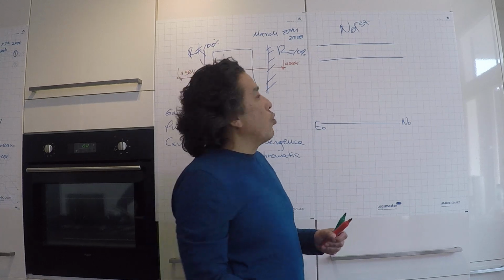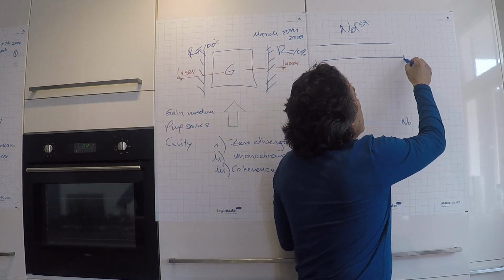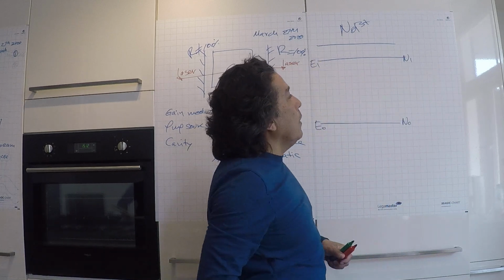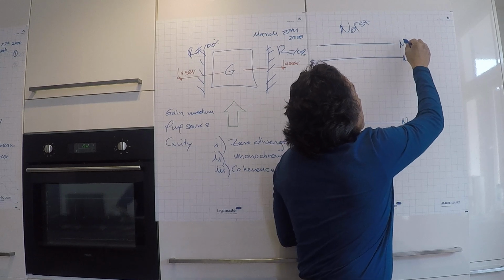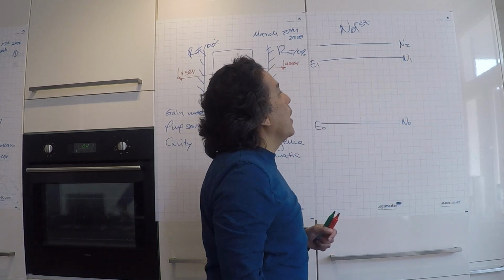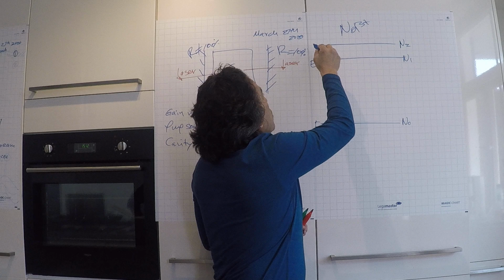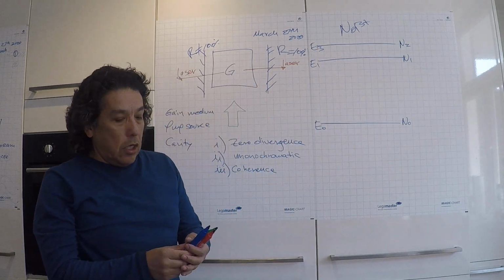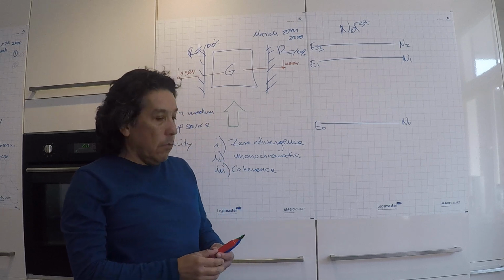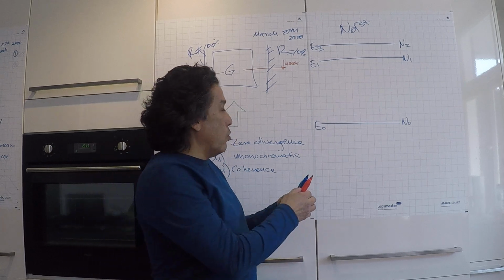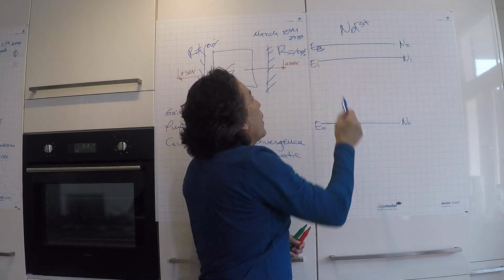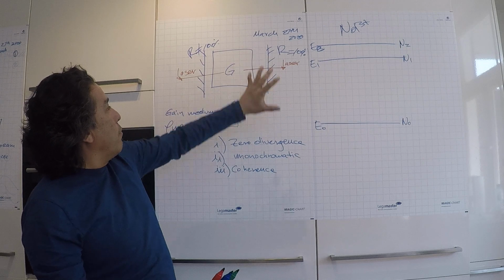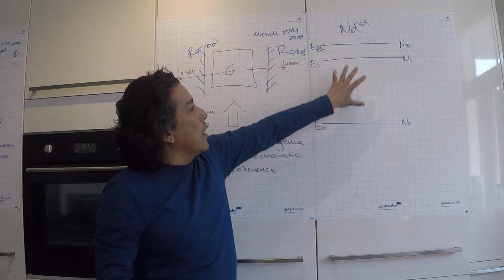Obviously, it's not true, but it's only theoretical. Then, for a population of N1, an energy level of E1, and for a population N2, an energy level of E2. So looking into the three requirements, this would be the gain medium.